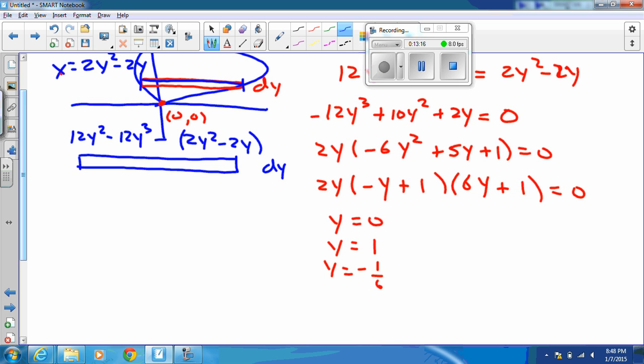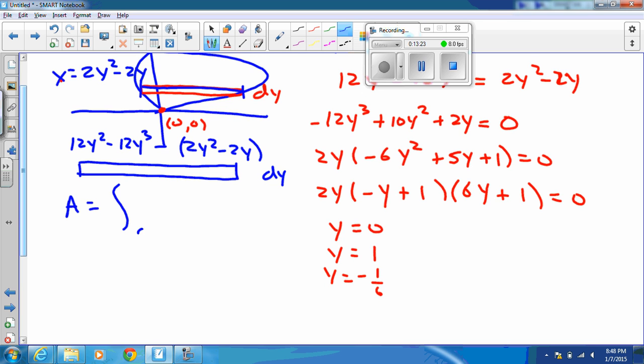And it can be simplified, but I'll do that in the integral in just a moment. So now we're ready to set up our integral. And the integral is going to be the area from the very first y value out to the very last y value of right curve minus left curve.